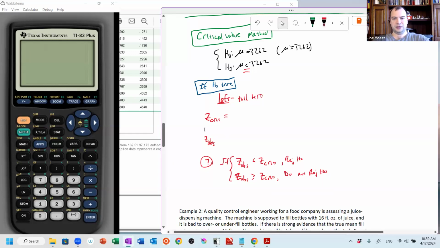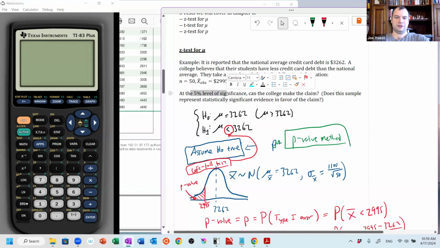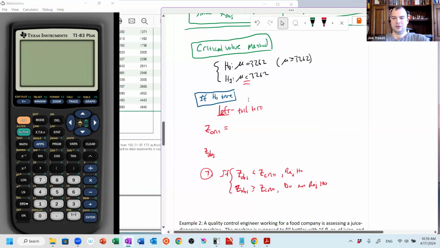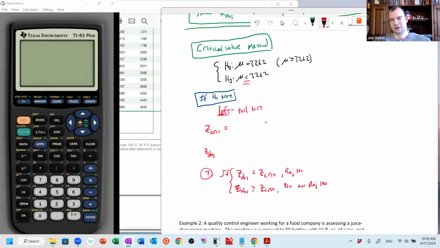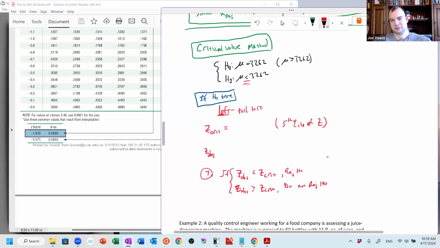So Z critical is the Z index with 5% area to the left. We have a 5% level of significance, and we have a left tail test. So this is the 5th percentile of Z. And again, we found that that was negative 1.645 from our Z table. What's Z observed?